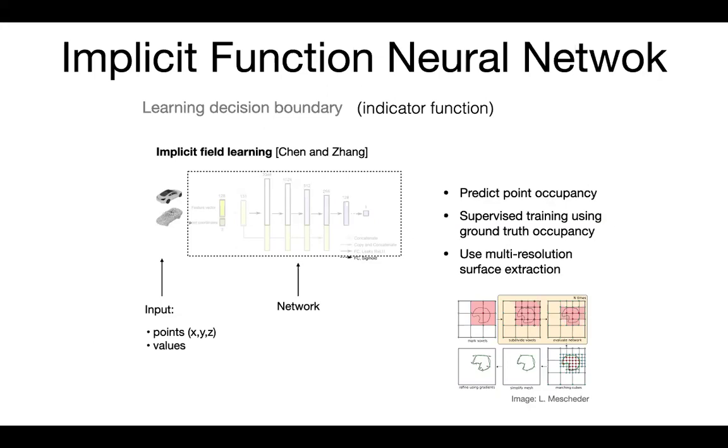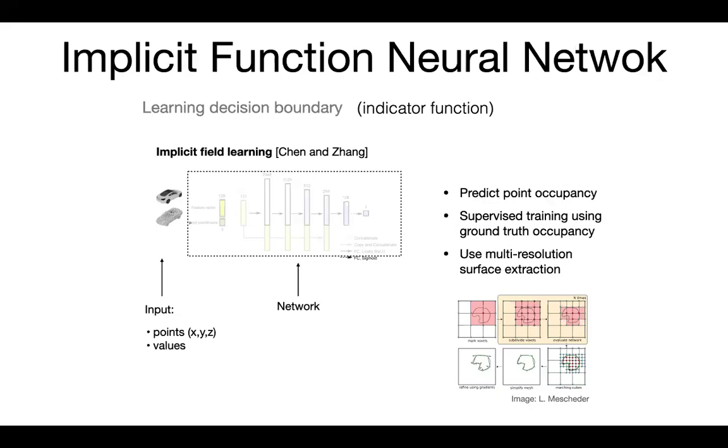And from that, it has to train that function. So this network is going to predict the point occupancy, like we saw in the volumetric representation of volume grids, but in a continuous sense. And that's done with supervised training using the ground truth occupancy, and the ground truth occupancy will be like these samples.